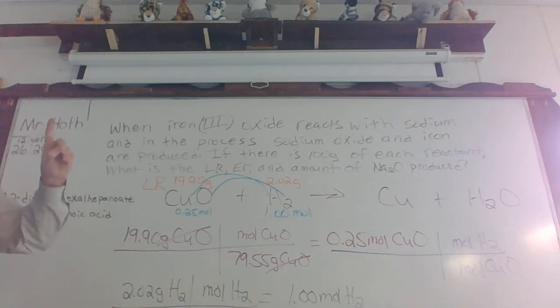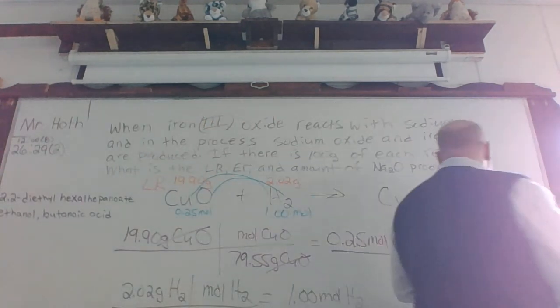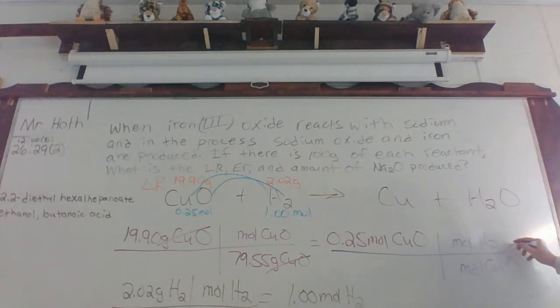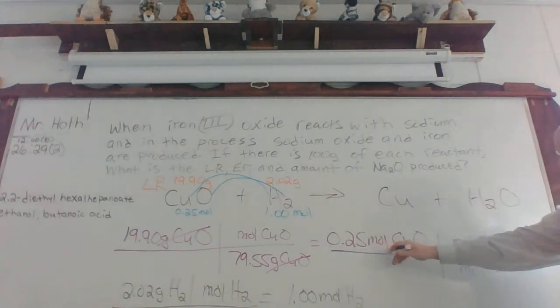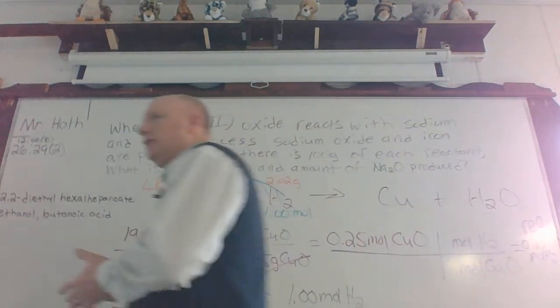So when we multiply 0.25 times 1, how much hydrogen is required? 0.25. Now I'm running out of space. Moles of H2, this is required. We need 25 cents worth of hydrogen.